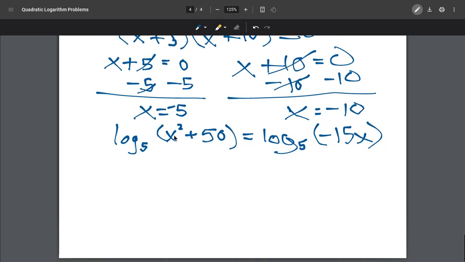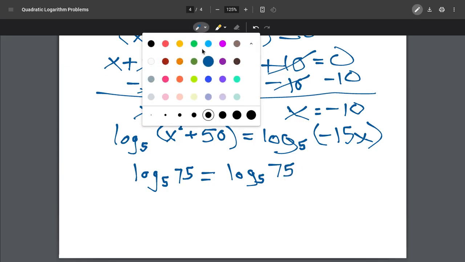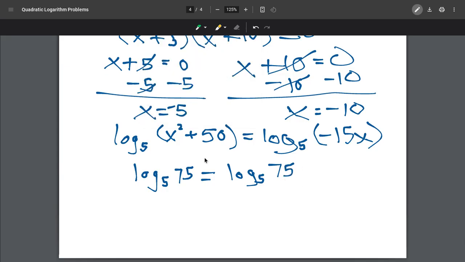Okay, so negative 5 squared is 25, so does log base 5 of 25 plus 50, so that's 75, equal log base 5 of negative 15 times negative 5, which is also positive 75? So that does check. So x equals negative 5 works.